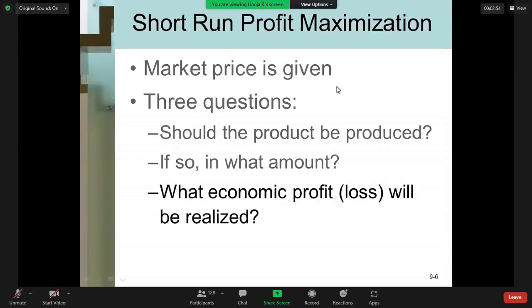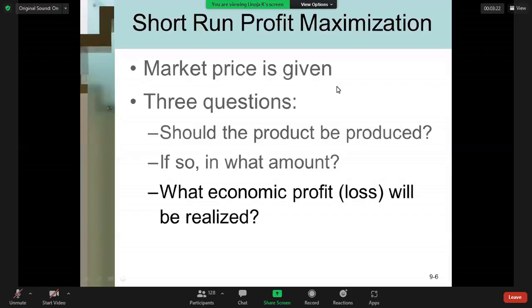Whatever happens, we have to make a profit in the business, right? So here we are going to divide into two categories: short run profit maximization and long run profit maximization. Short run, as the word itself says, is for a short period: how the business is going, and whether the industry will make a profit or not.